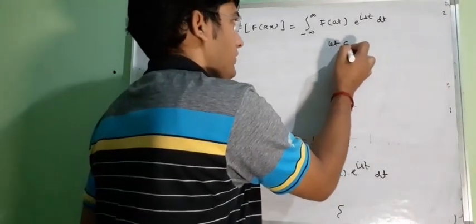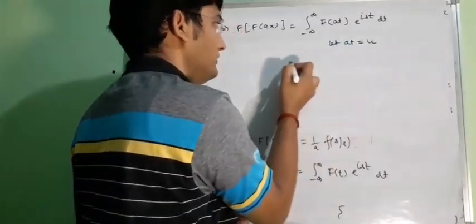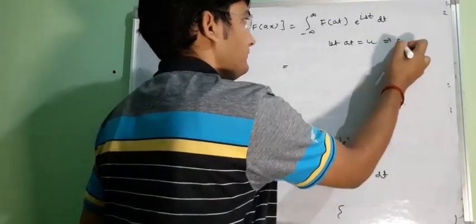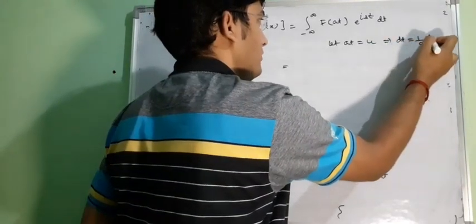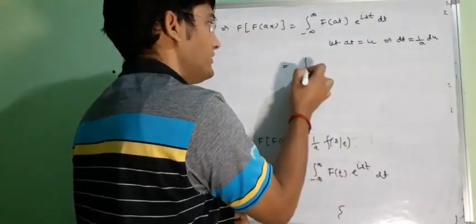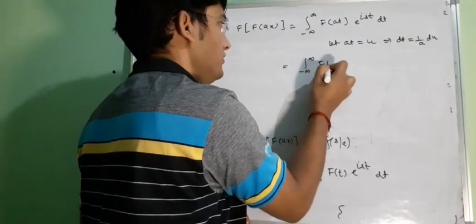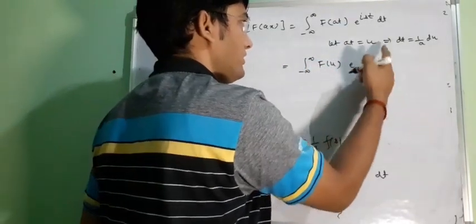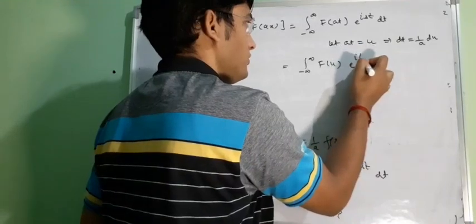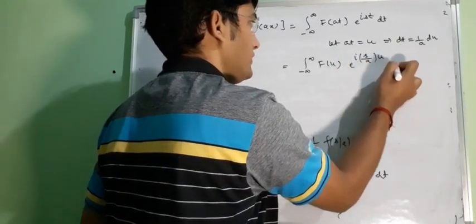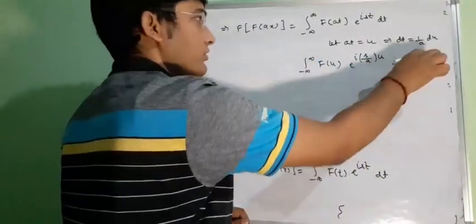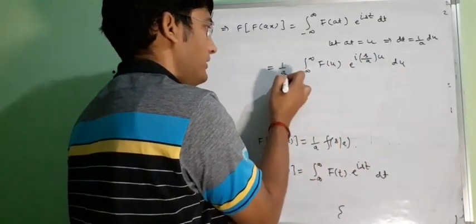Let at equal to u, then our dt will be 1 upon a du. So this will be the integral of f(u), and here you can see that our t will be u by a, so we can write it like this, and our dt will be du by a, so we will get 1 by a.